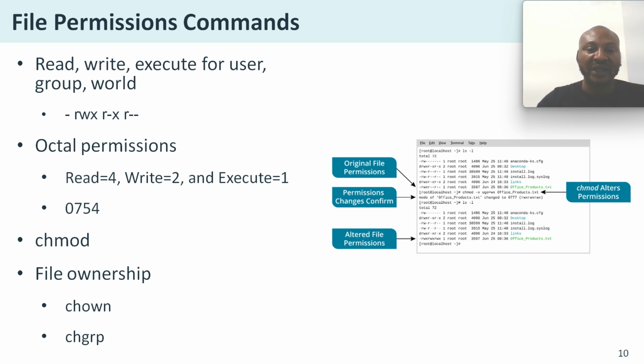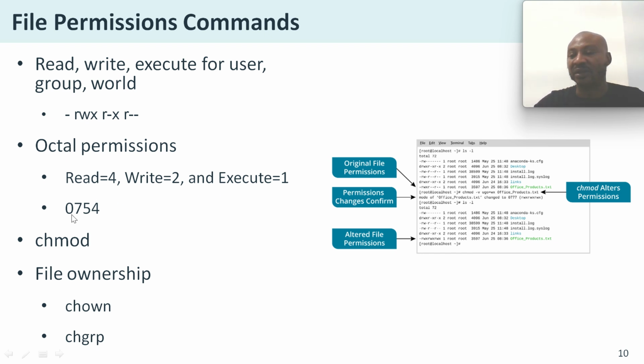Don't forget, we told you that Linux has three sets of permission: the read permission, the write permission, and the execute permission. The read permission is represented by the number 4, the write permission is represented by the number 2, and execute is represented by the number 1. Now, looking at what we have on the screen, read, write, and execute, how do we interpret this?